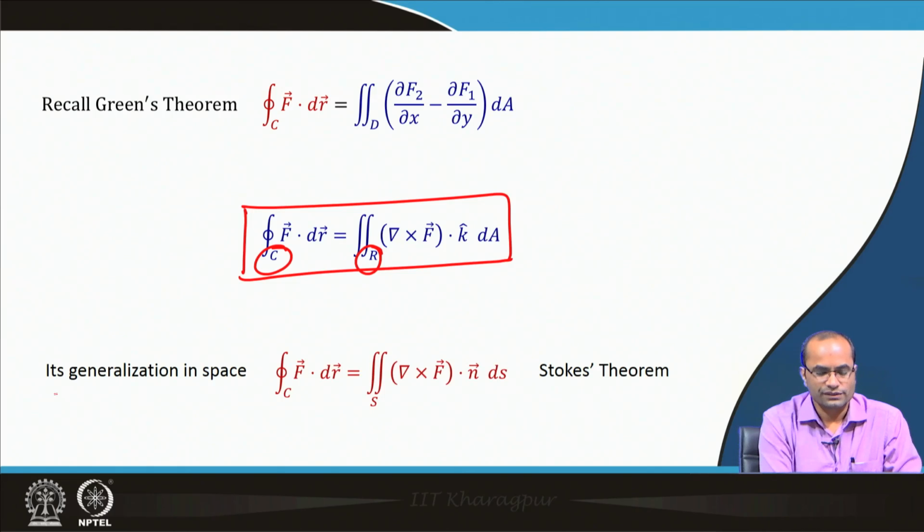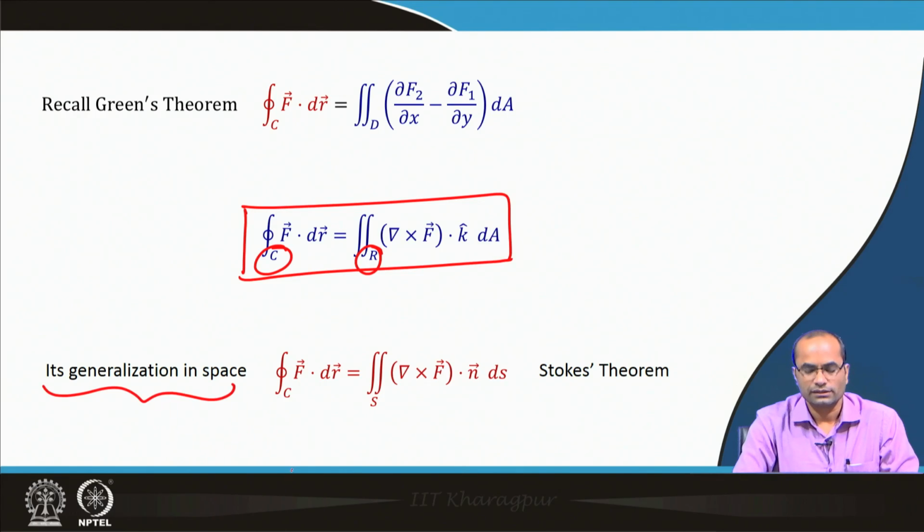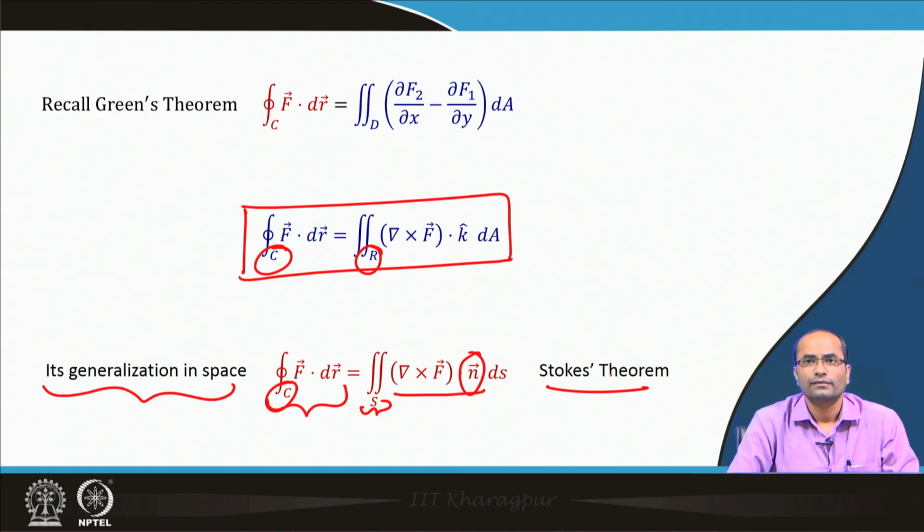That is the generalization in space. Now C is in space, and the area bounded by this curve is a surface. We can do the surface integral, and n is the normal to the surface. This was Stokes' theorem, which we discussed in the last lecture.